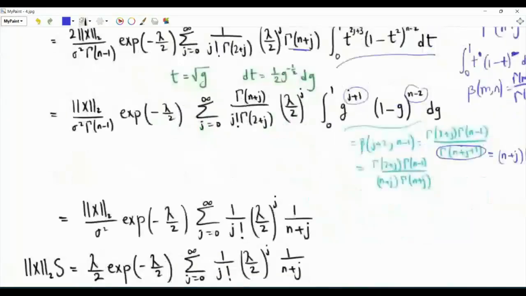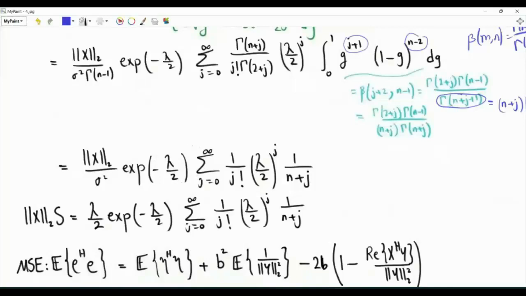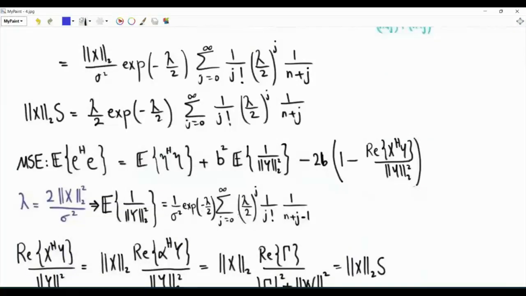So we do all these simplifications, and we end up with basically this expression here. It's in the form of a series. Now we collect our results and plug them in the expression of the mean squared error corresponding to the James-Stein estimator. And this is what we get.